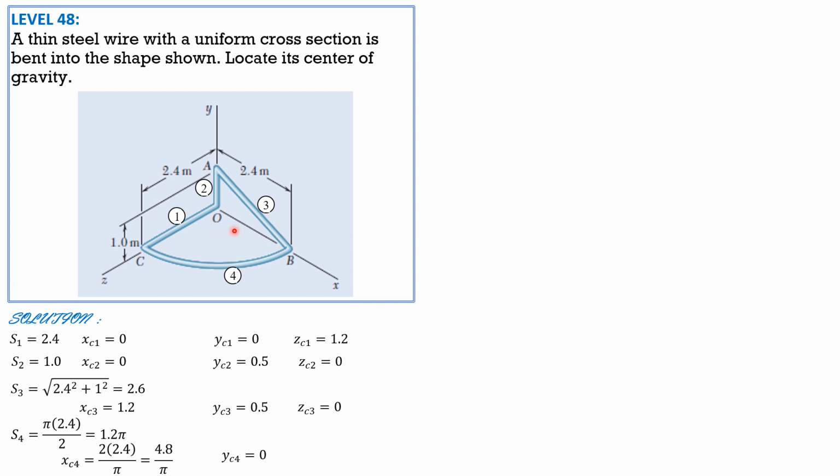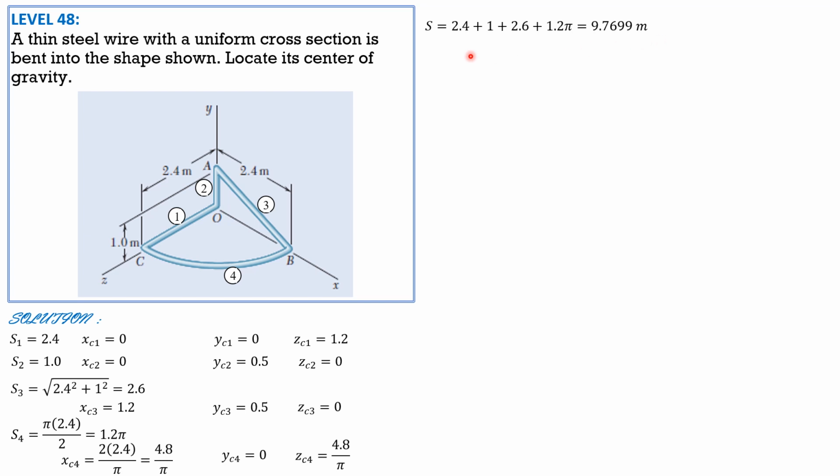And z sub c4 is the same as x sub c4, 2r over pi, or 4.8 over pi. So the total length, or the net length, is 2.4 plus 1 plus 2.6 plus 1.2 pi, and that's 9.7699 meters.